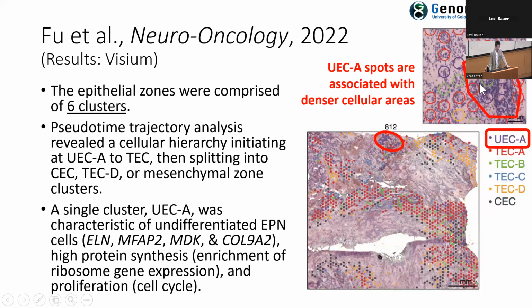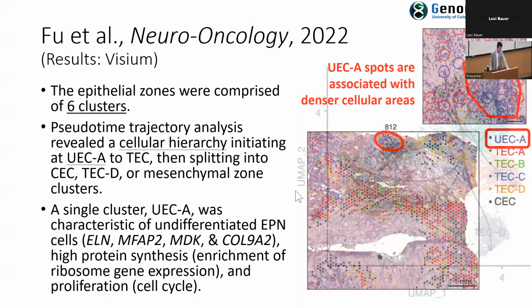So if you look here on the H&E stain, where all those purple spots just represent nuclei, they also used purple for whatever reason. The UECA just seems to be colocalized with those dense cellular areas, right? Where there's a lot of nuclei. That's also where the UECA subgroup of the population, these cell types, are.